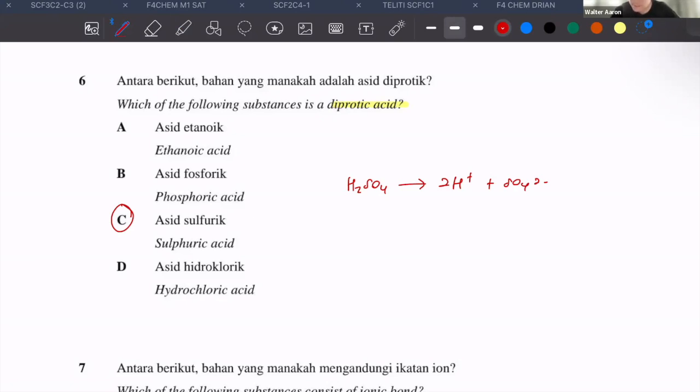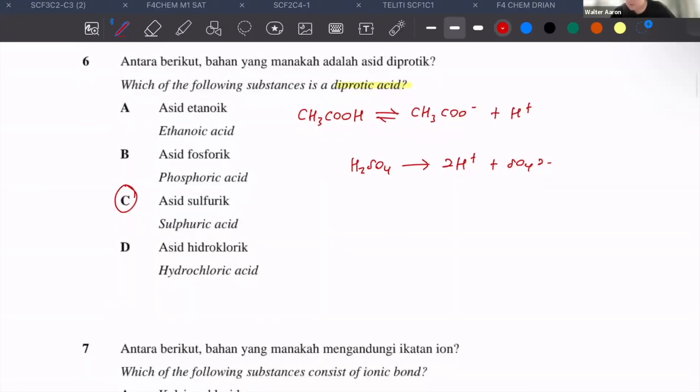For ethanoic acid, it is CH3COOH. If it dissociates in water, you will only get 1 mole of hydrogen ion per 1 mole of molecule, right? And phosphoric acid is H3PO4, so it's a triprotic acid instead.